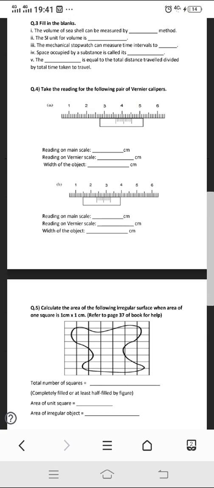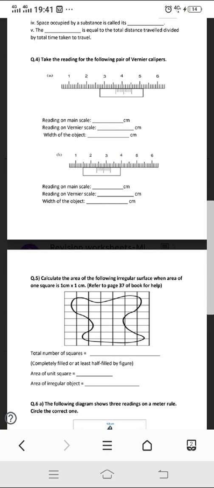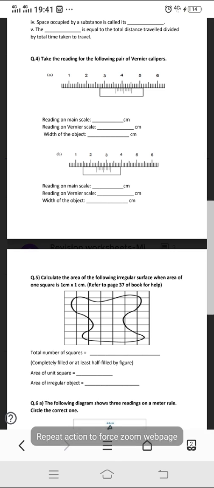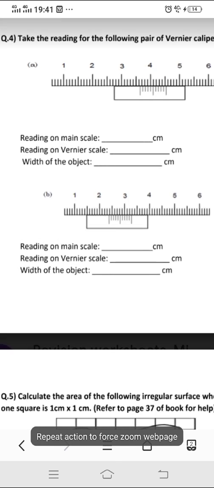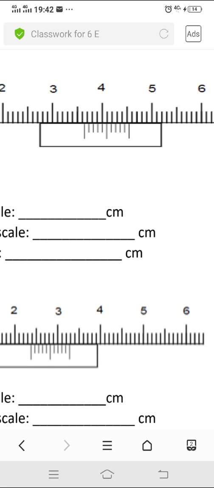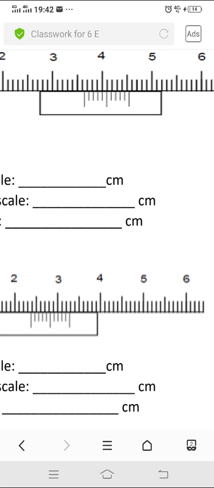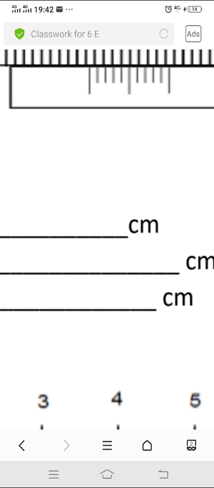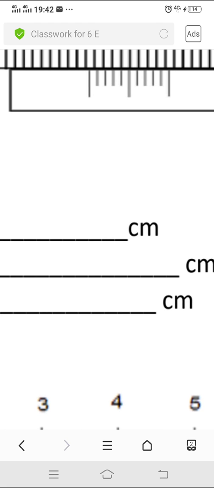Now question number 4 is, take the reading for the following pair of vernier calipers. Over here you can see that this bigger scale is the main scale and this smaller scale is called a vernier scale. This smaller unit is 0, 1, 2, 3, 4, 5, 6, 7, 8, 9, 10.